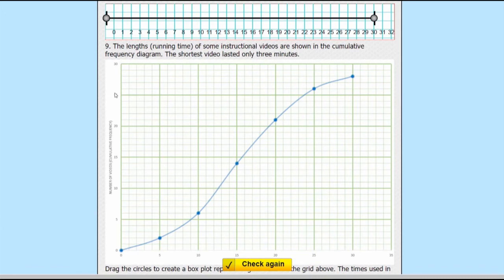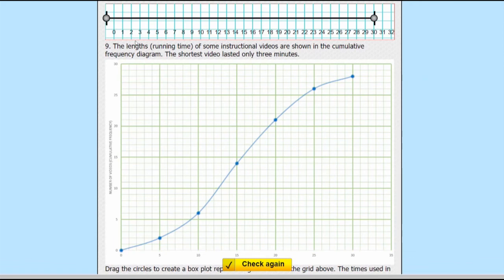Right, well, we can quite simply read the other values that we need from looking at the vertical axis. 28 altogether, so half of that is 14, so just around this area is the median. And then 3/4 of the way up, you can read off the graph what the upper quartile will be, and 1/4 of the way up is what the lower quartile will be.